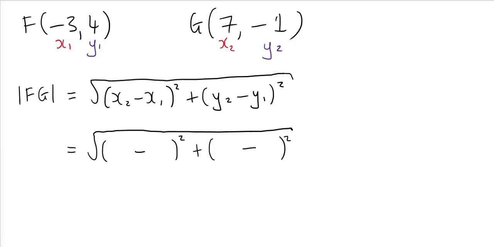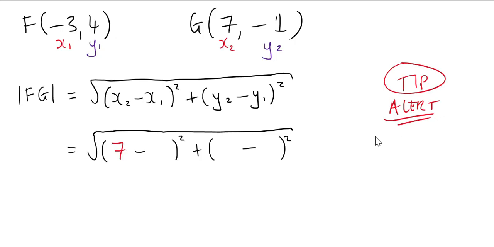And now we're going to start filling in. I'm going to start from left to right here. So we've got x2, which is 7, no problem, fill it straight in. And we've got x1, which is minus 3. And alert here, one tip: if you've got a negative number, put it in brackets.